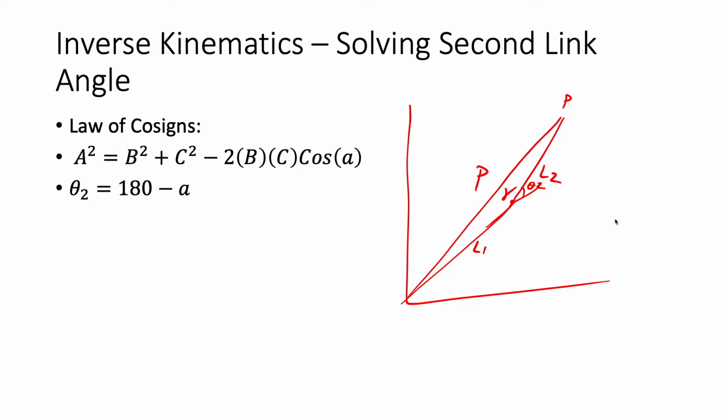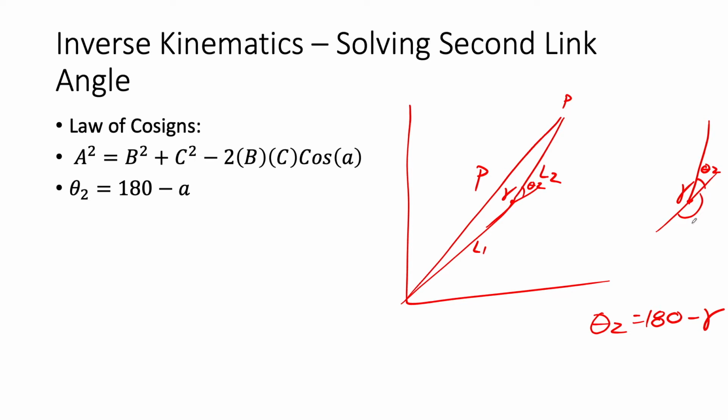Because we know that theta 2 is going to be equal to 180 minus gamma, right?